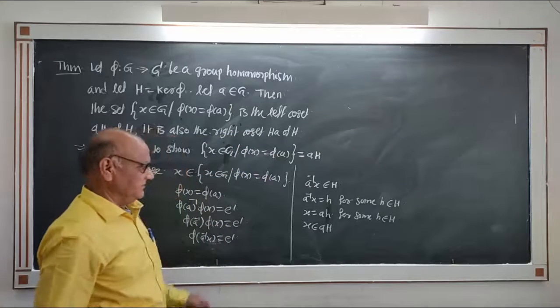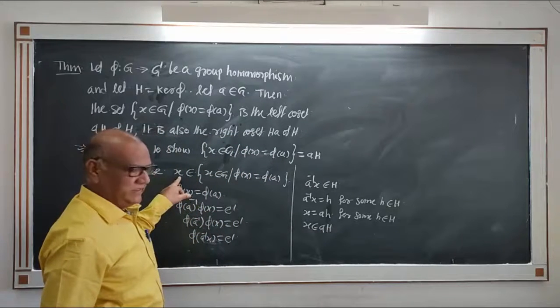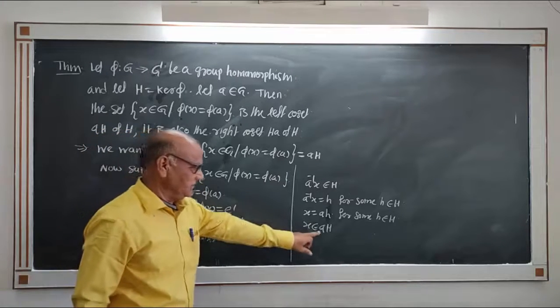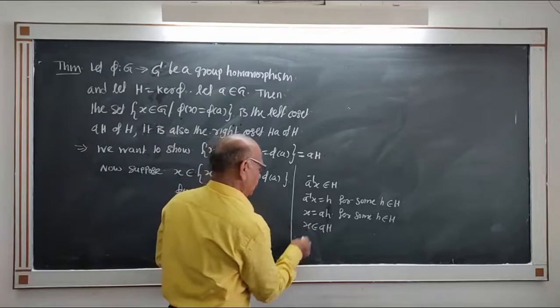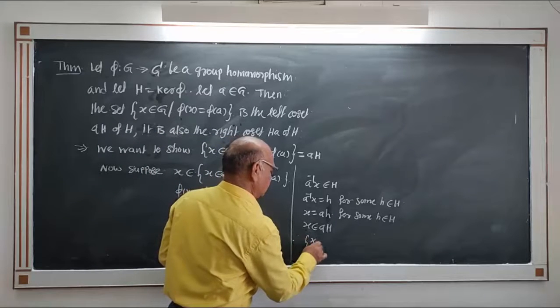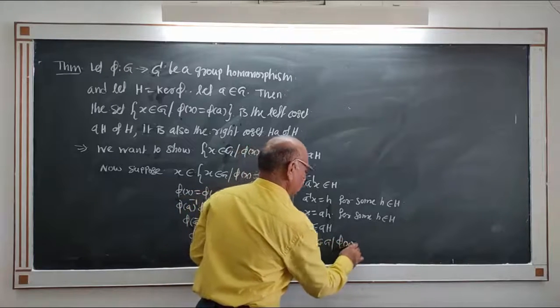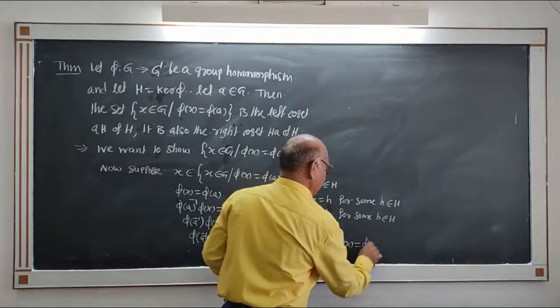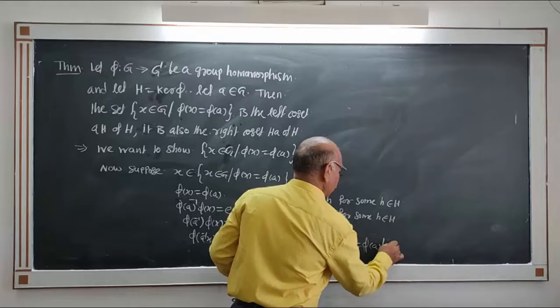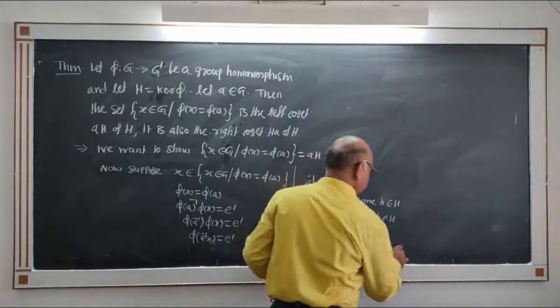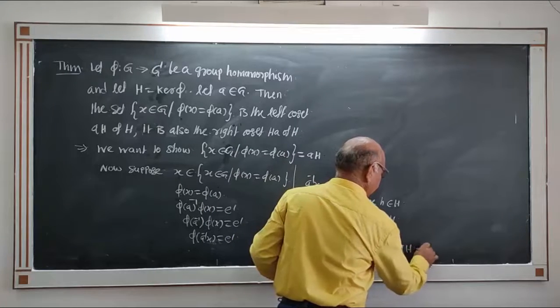We take X belonging to this set and show X belongs to AH. Therefore the set of X belonging to G such that phi of X is equal to phi of A is a subset of AH. Number 1.